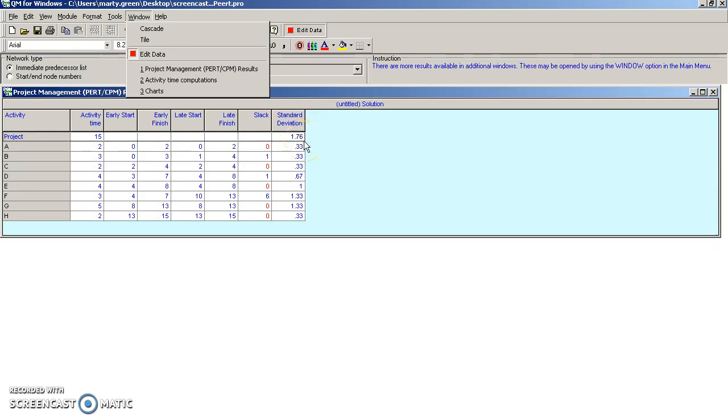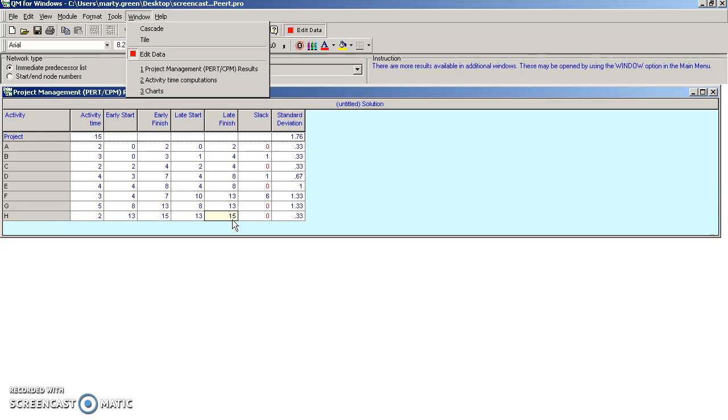If you do want to find out what the probability of completion is, again, as we discussed in class, use that equation of z is equal to x minus the mean divided by the standard deviation. Our average is going to be 15, we expect most likely we're going to finish this up in 15 weeks.